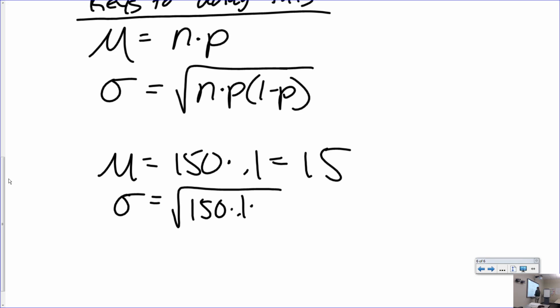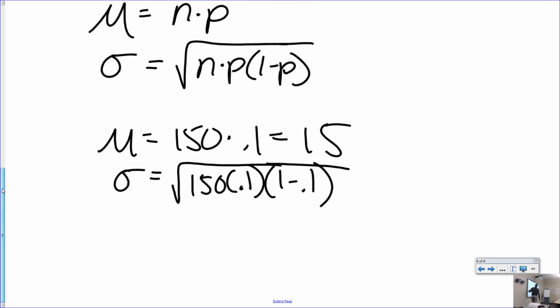And what is 1 minus 0.1? 0.9. Minus 0.1. Again, you can do the 1 minus 0.1 in your calculator in parentheses, or you can do it in your head and just write it down either way. So somebody crank that number out for me.